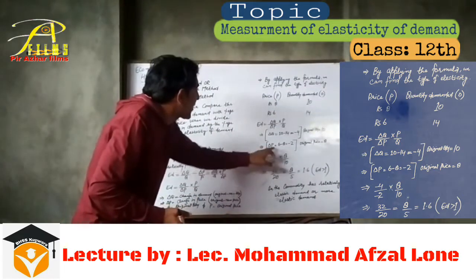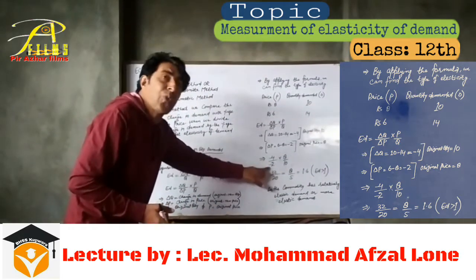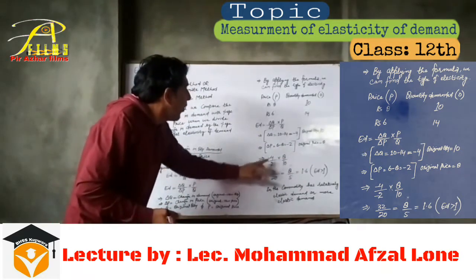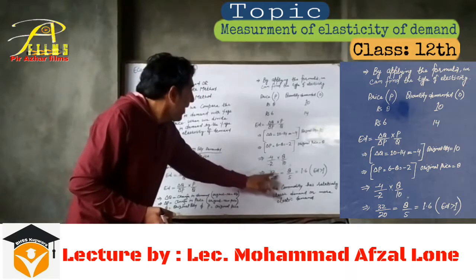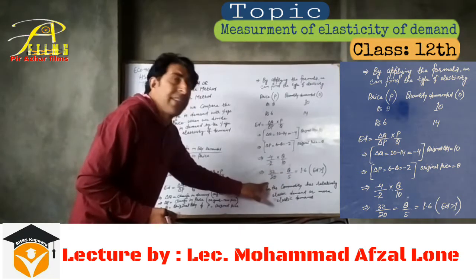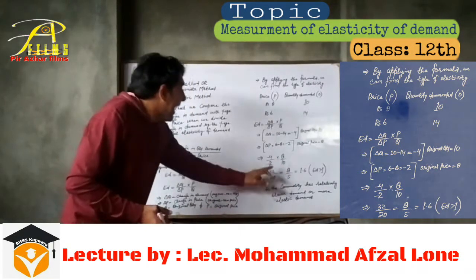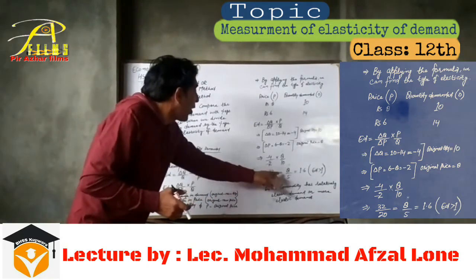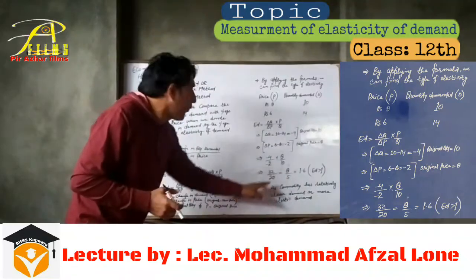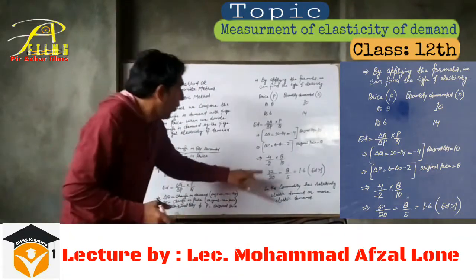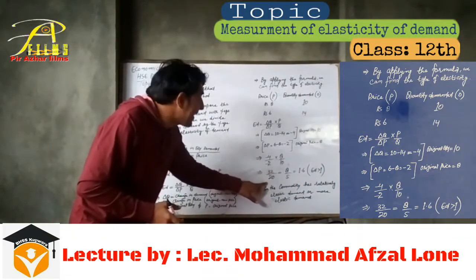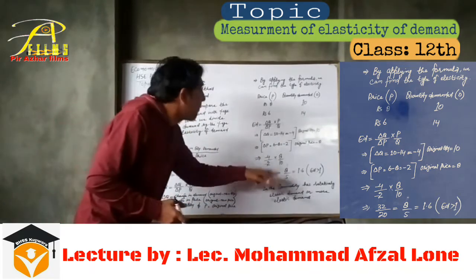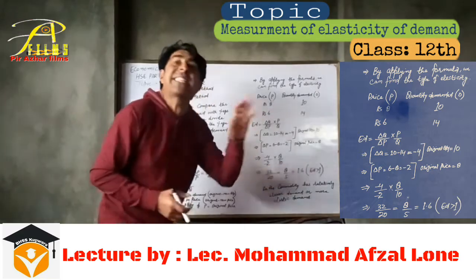That is minus 4 divided by minus 2 into 8 by 10. Minus minus cancel. Dividing by 4, 4 8s are 32 and 4 5s are 20. So 32 divided by 20 is equal to 8 by 5. When we divide 8 by 5, it is equal to 1.6.